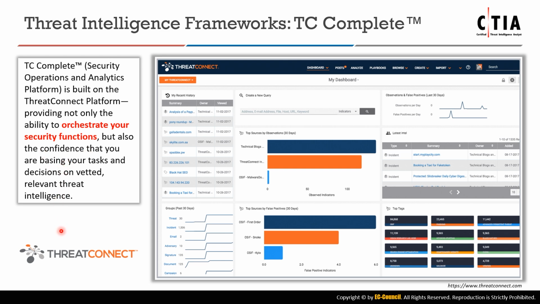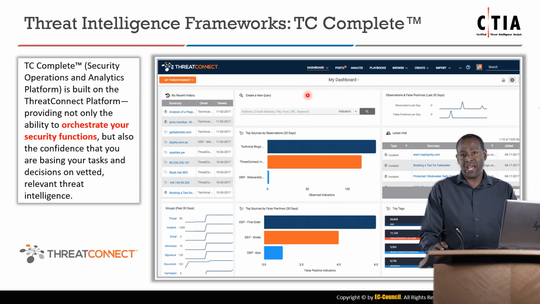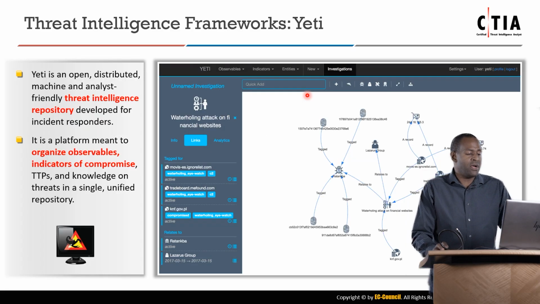So ThreatConnect or TC Complete is another good solution. I've used solutions that are a lot like these, that have very good orchestration, very good endpoint management, and that provide very relevant threat information to you.